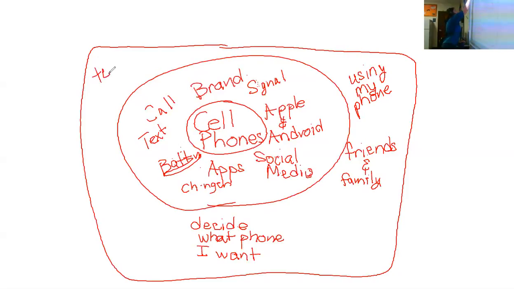Phones are technology, right? Technology. Okay. So I've learned about it in that aspect, and I might be able to connect that to something I learned in my science class. So I might put science on here.